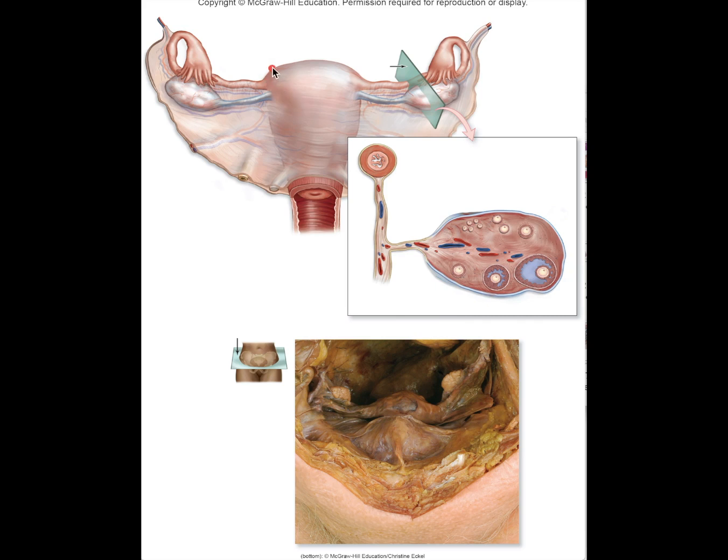So a massage of the fundus is done postpartum if the uterus isn't contracting down enough. And if the uterus isn't contracting down, that can cause hemorrhaging.